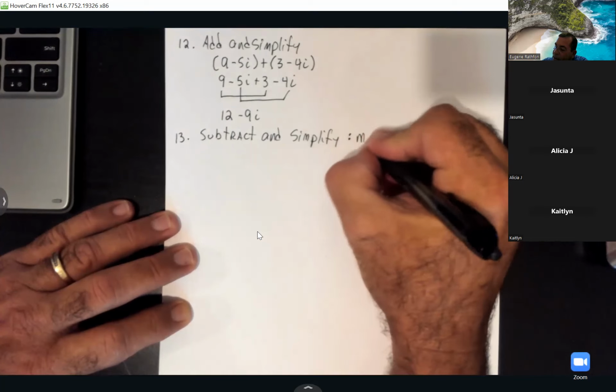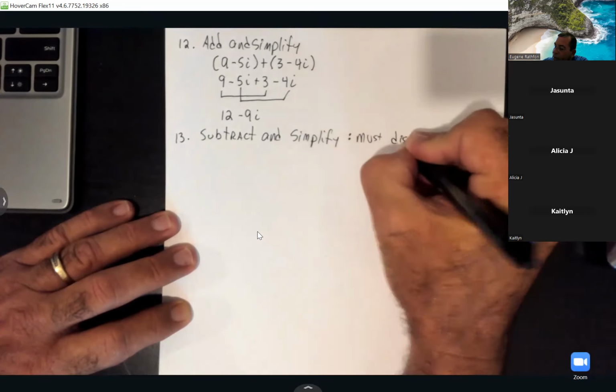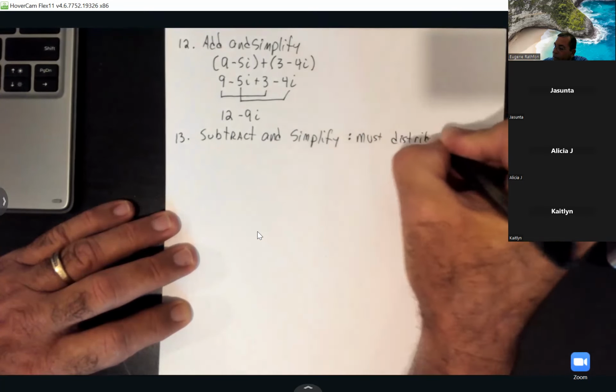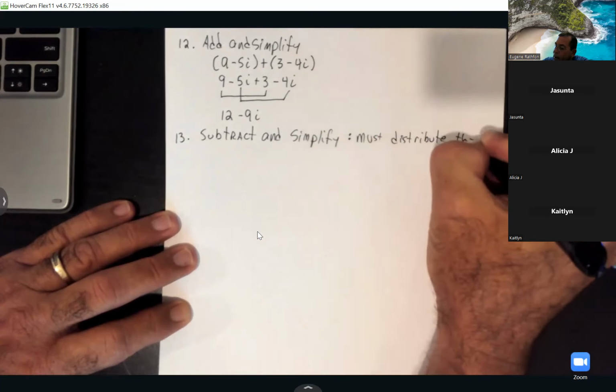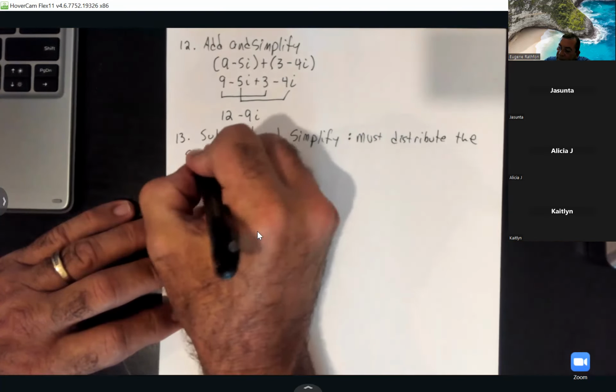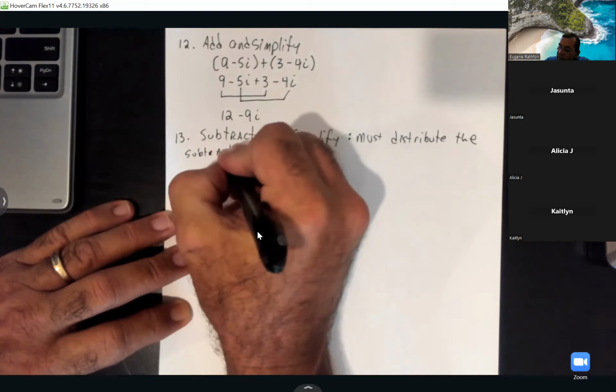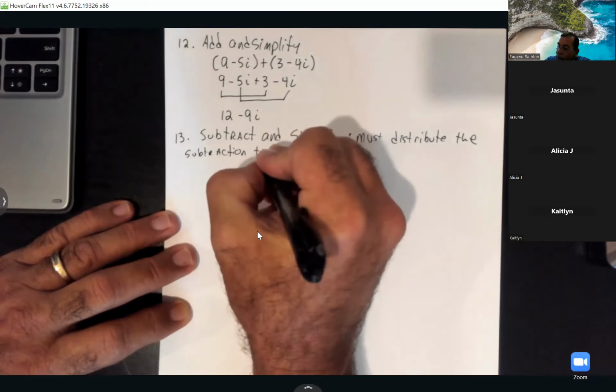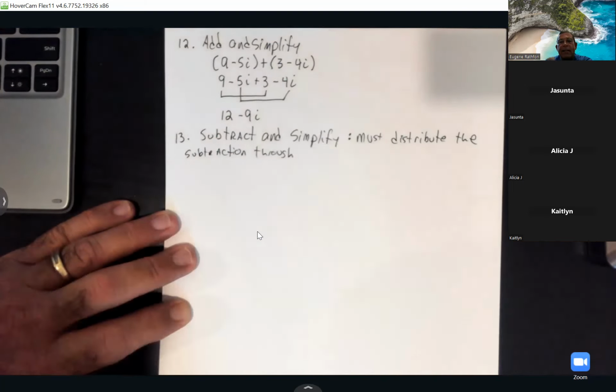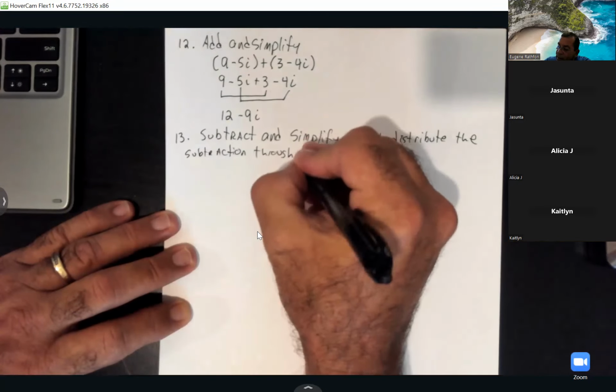So remember, we must distribute the subtraction through the second parentheses.